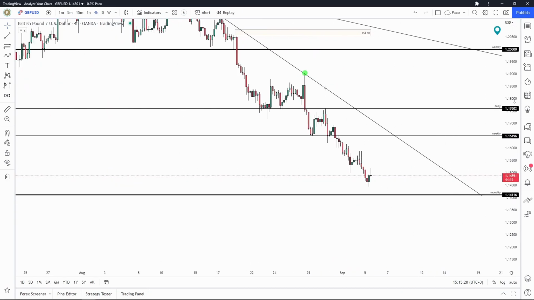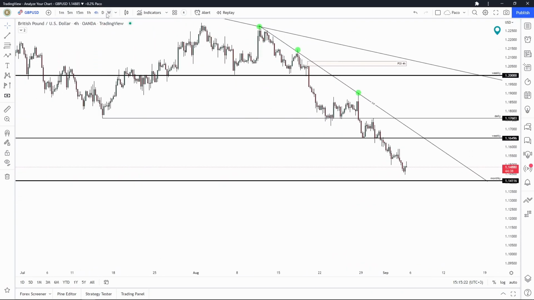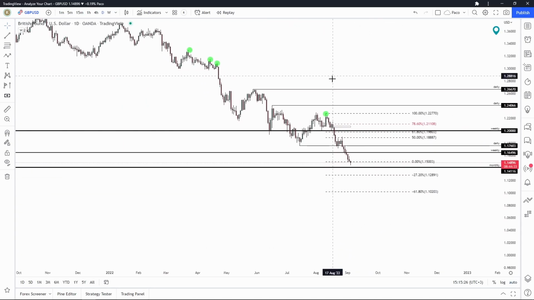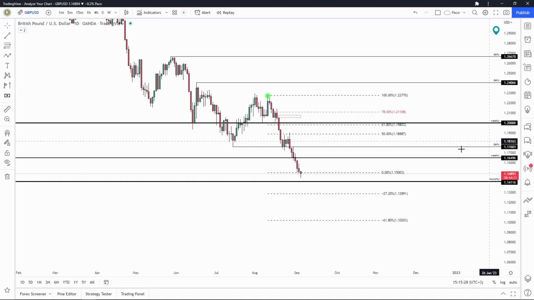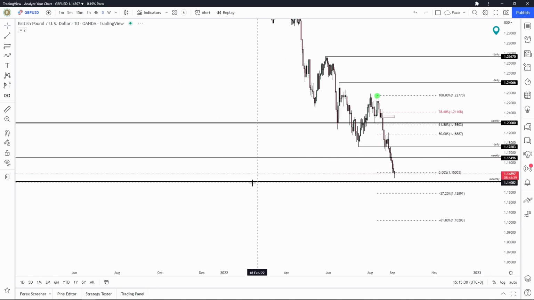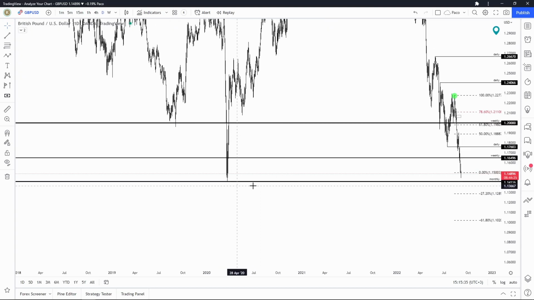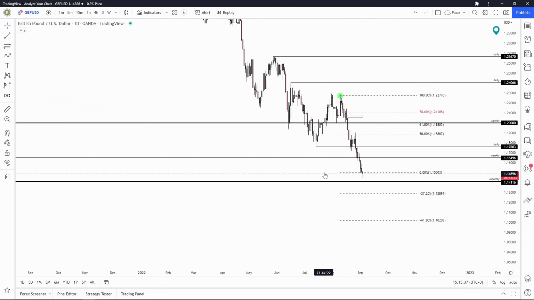What do we expect for the next week? First, let's start with the daily time frame. Here you can see the price is nearly at the monthly level. This monthly level is the lowest point the price has ever been.